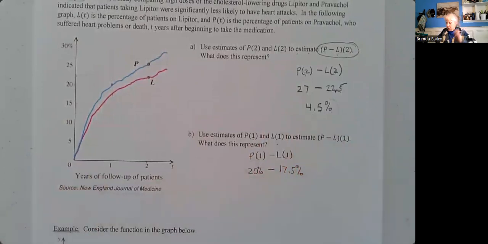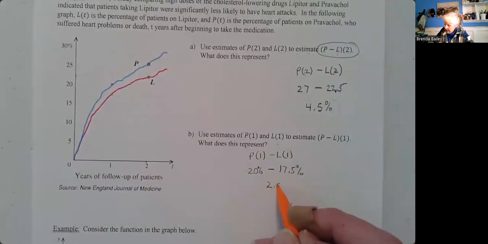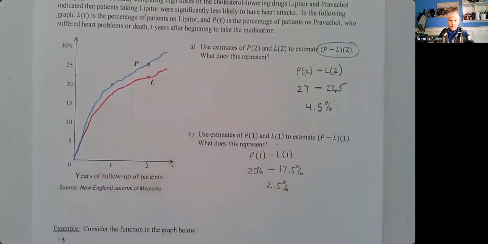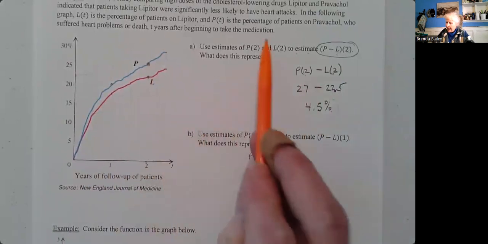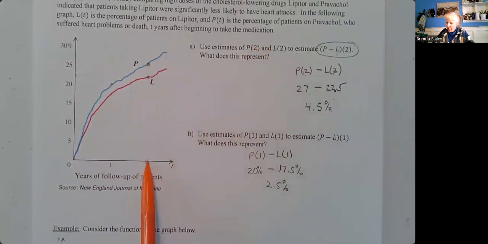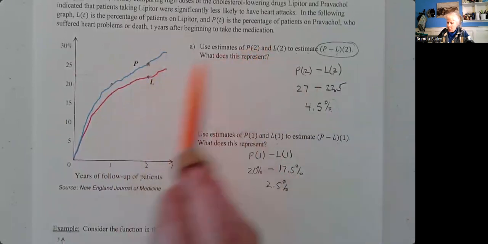So a 2.5% increase in death rate between Provachol and the Lipitor. The Provachol is seeming to be more risky. So, all righty. Well, that's how you can use a graph to find these. These are the x's. You go to the x, you go up to the graph, and this will be equal to the y value.